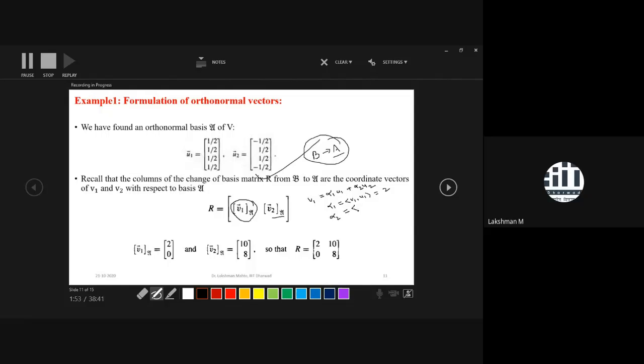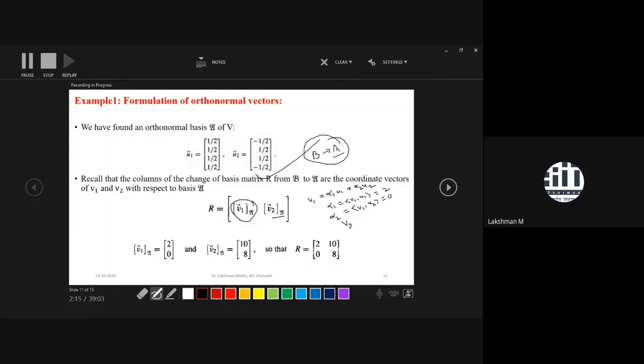Perform the dot product of V1 with the second orthonormal vector U2. What would this value be? This would definitely be 0. You can try this calculation. Just for simplicity I am writing directly, because I am very near to 45 minutes, so I have to wind up this class.